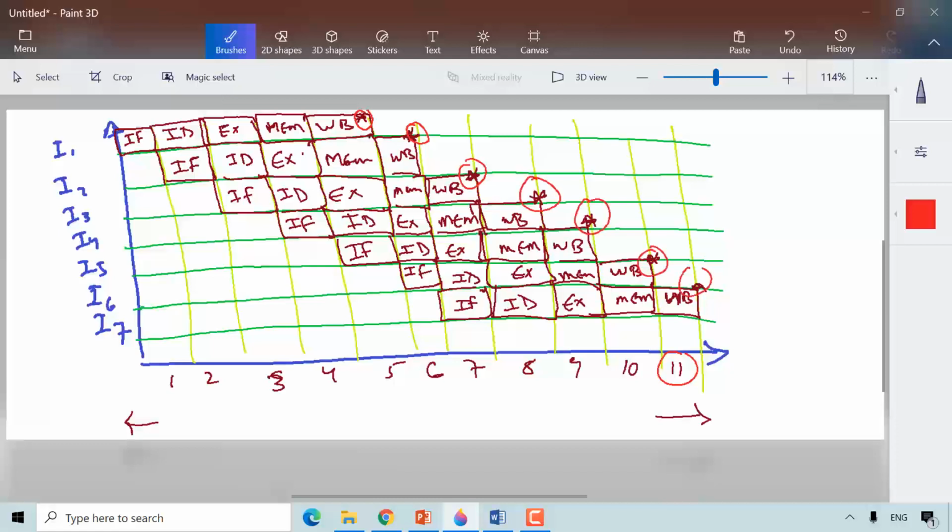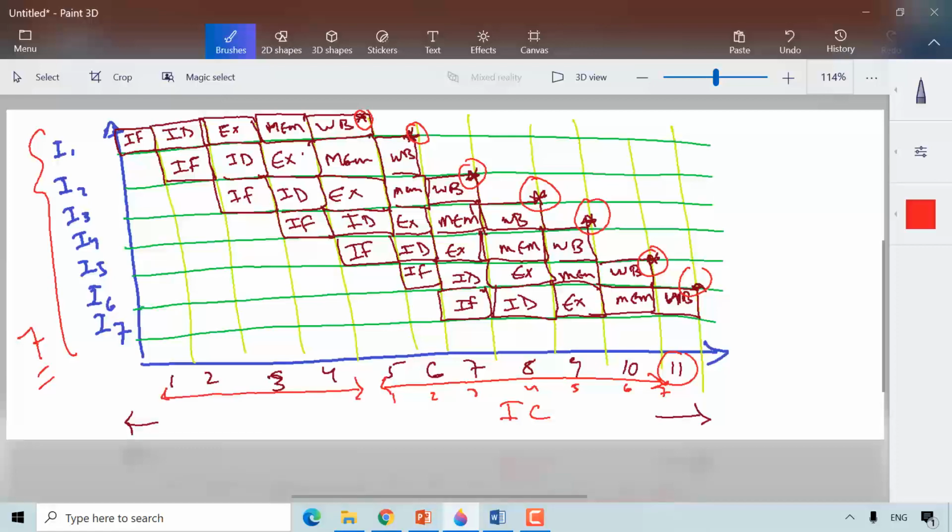So from cycle 5 all the way to cycle 11, how many cycles do I have? I have 1, 2, 3, 4, 5, 6, and 7, which equals the instruction count, because I have 7 instructions here.